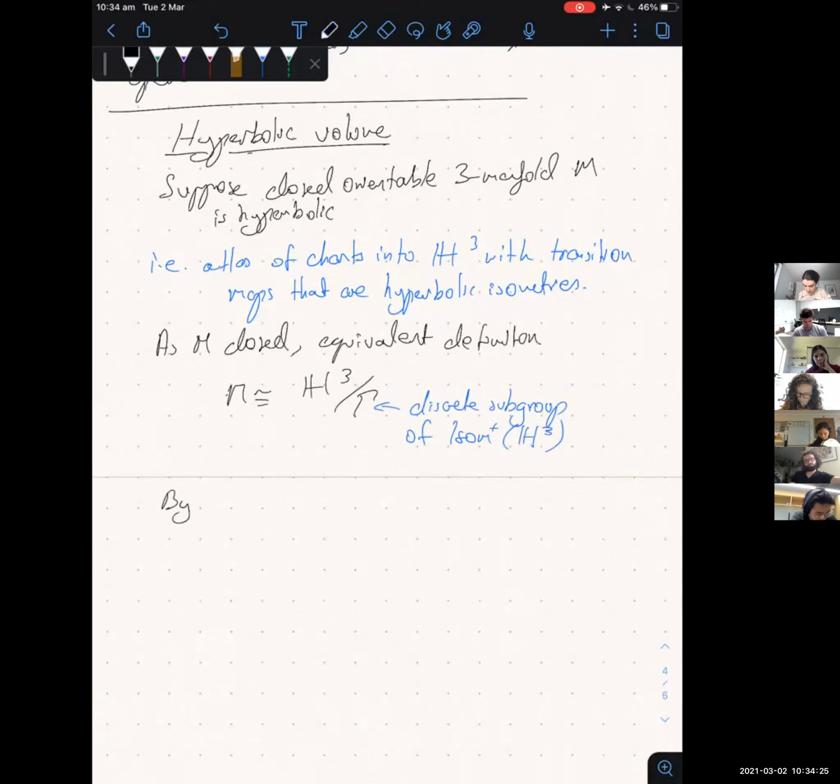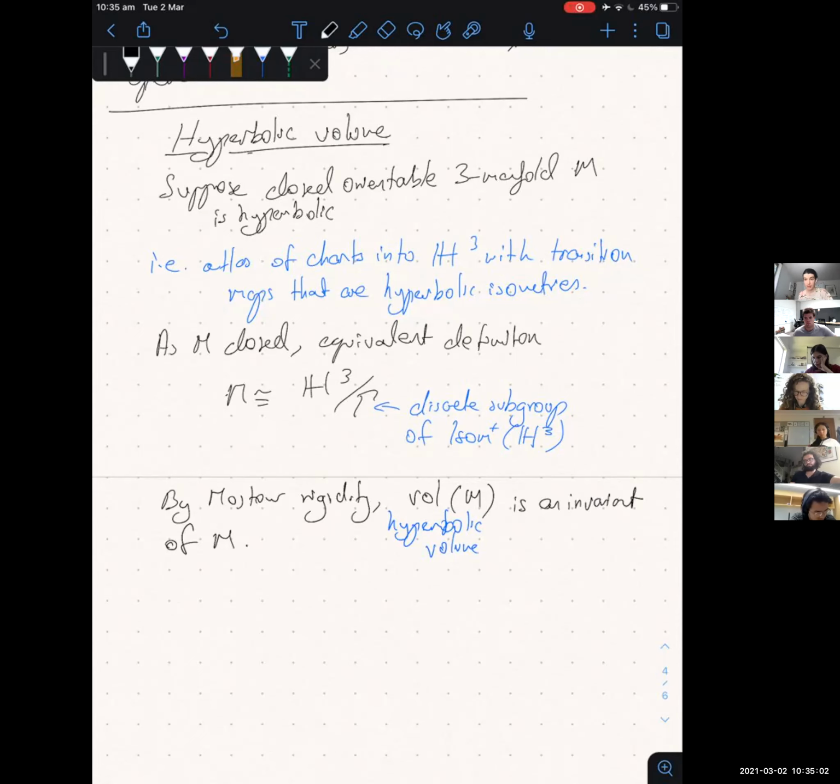By Mostow rigidity, the hyperbolic volume of M, and this is quite surprising, is not just an invariant of your particular hyperbolic structure, it's in fact an invariant of your topological manifold, which is pretty neat.